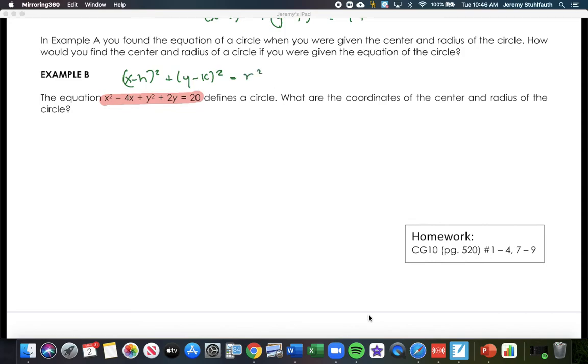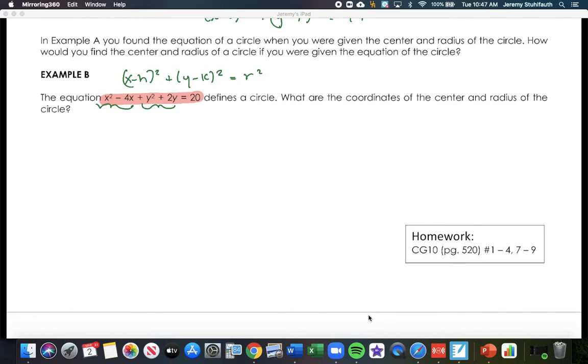And so in order to do this, we would need to use something from Algebra 1 called completing the square. And so what we would do is look at this in two pieces. We would look at x squared minus 4x and y squared plus 2y, and we would complete each of the squares for those terms.